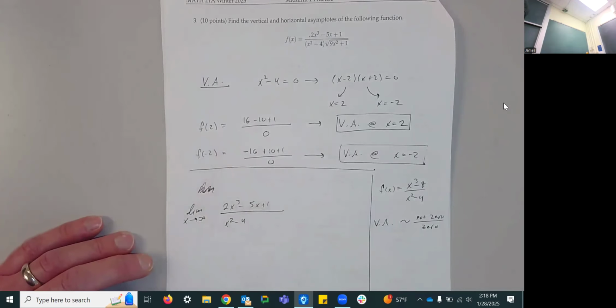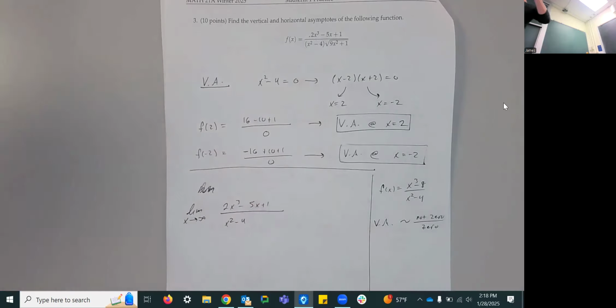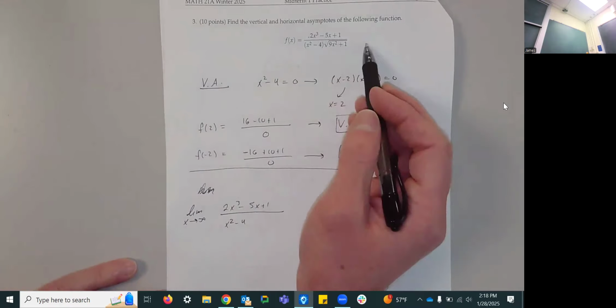What I would point out for this function explicitly is that that's not going to be enough, because I think you get a different horizontal asymptote to the left and to the right. And that's pretty typical when you have a square root of x squared kind of thing going on.